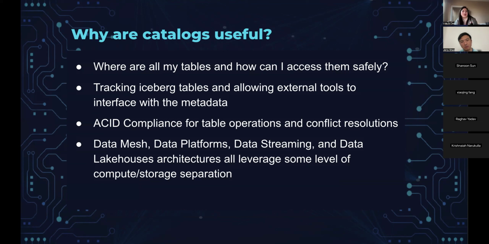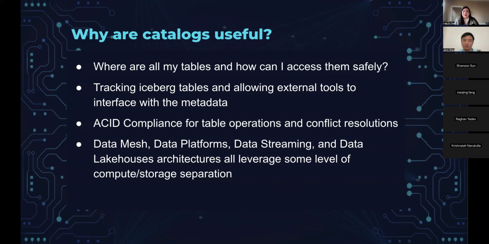We need to be able to tell the query engine so that it can perform its planning efficiently. And if we're tracking the Iceberg tables, we can also allow external tools to interface with this metadata. This goes back to the monitoring and observability piece of figuring out where we optimize and where we put our efforts. It also allows us to better control some conflicting queries.